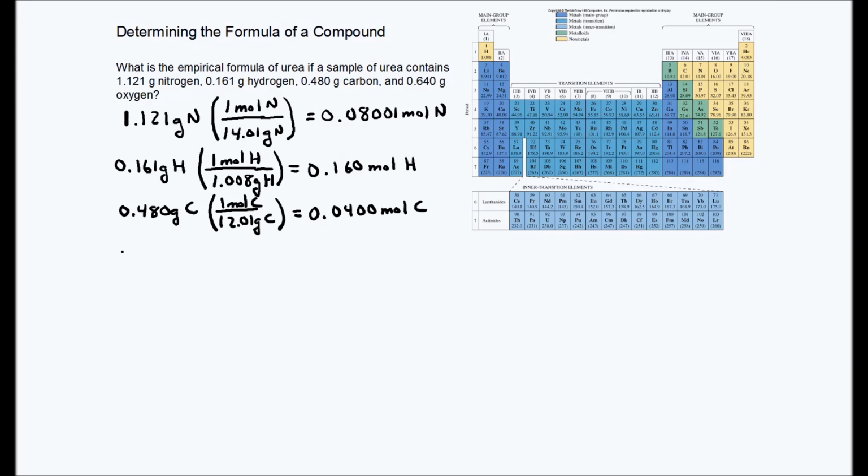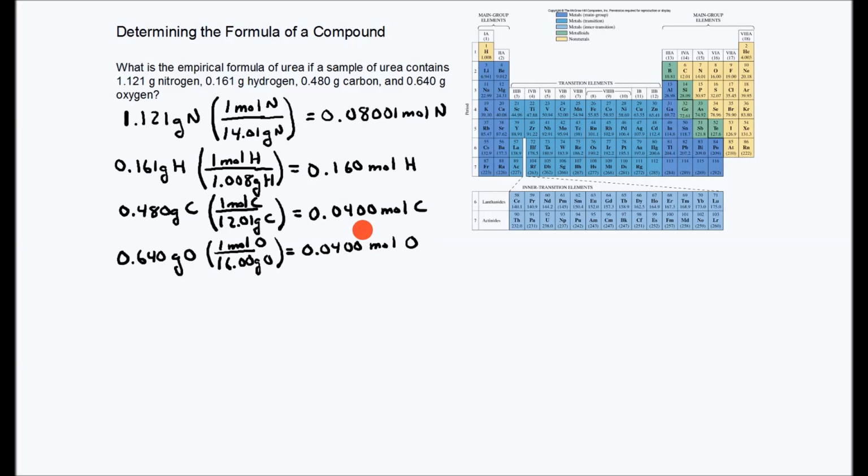And finally, oxygen, 0.640 grams of oxygen. Convert to moles. 1 mole of oxygen weighs 16.00 grams. So 0.640 divided by 16 gives me 0.0400 moles of oxygen.